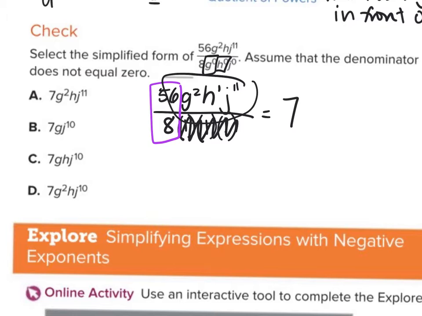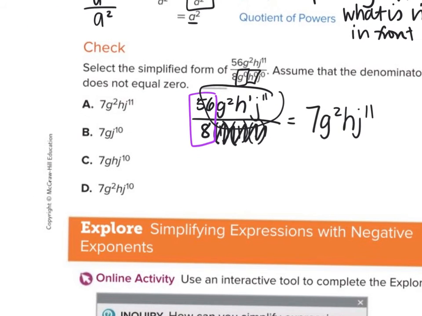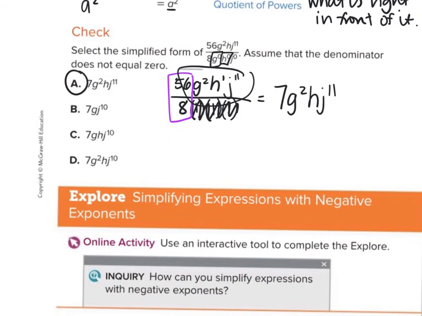No. Nope, then I just write them here. Remember, I don't have to have H to the first. I can leave that as H. The answer is A. Okay, so it looks a little more complicated, but don't forget those zeros cancel out to make it equal 1.